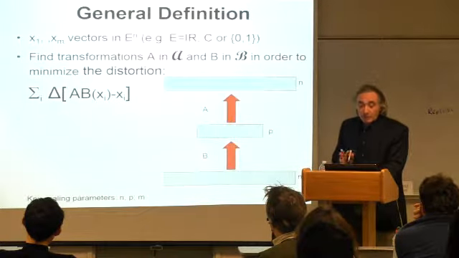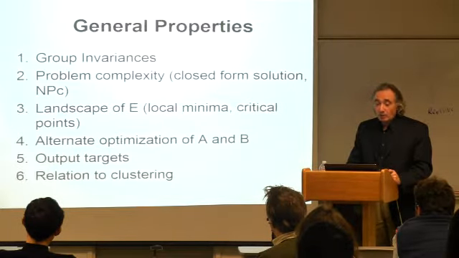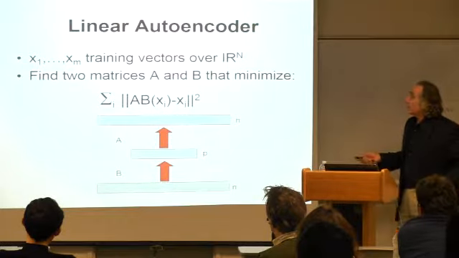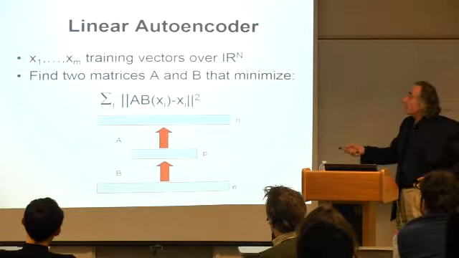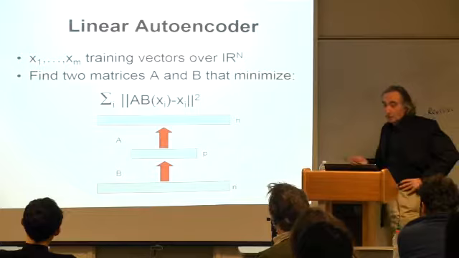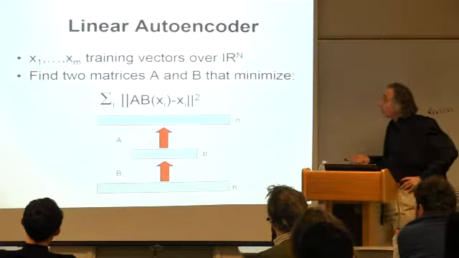I'm going to give you examples of things that you can prove mathematically, starting with the most classical and simple case, where you're using squared Euclidean distance as your distortion measure and everything is linear. So A and B are matrices. You probably know this is doing principal component analysis, but there is a little bit more to the story.